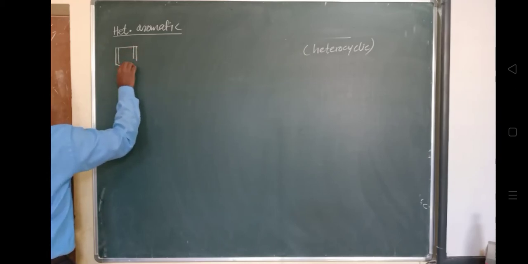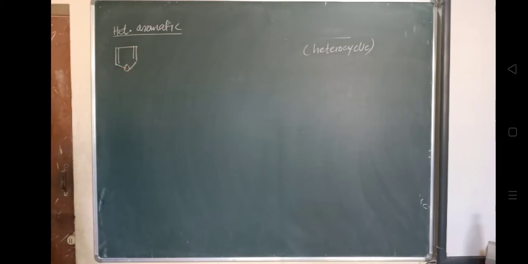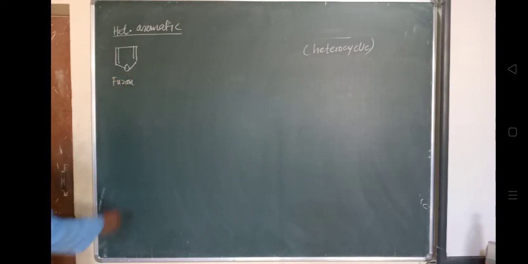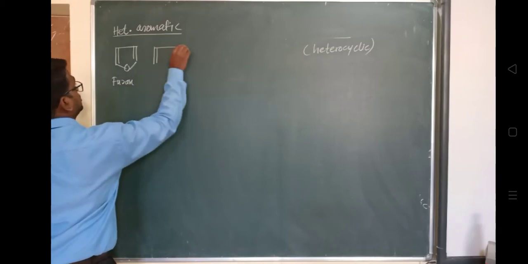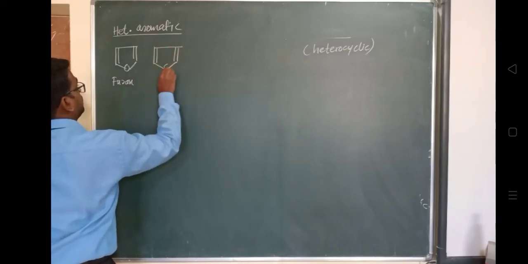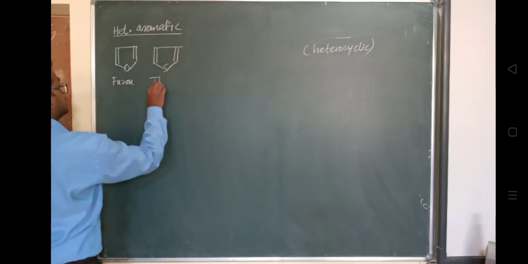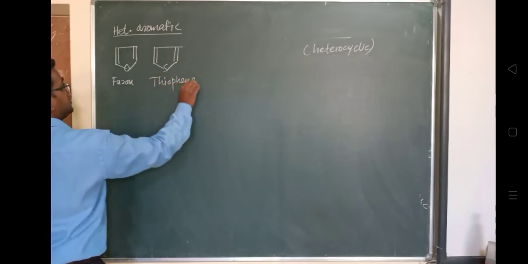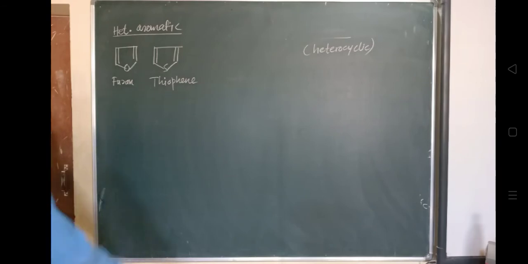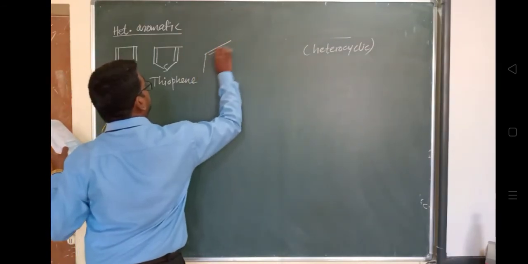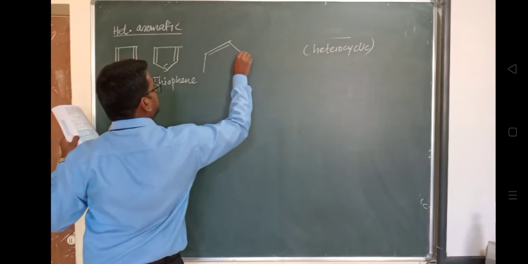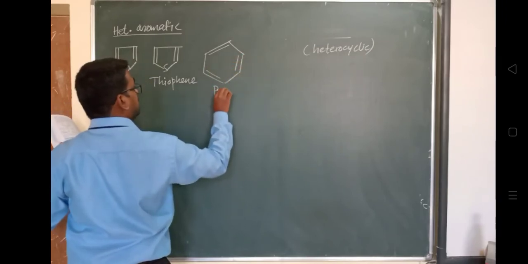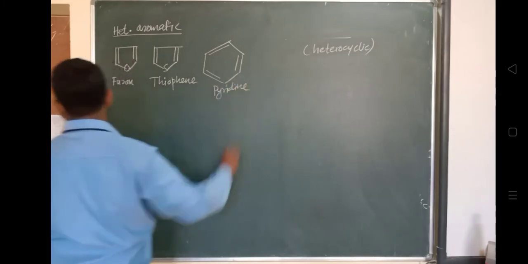Different atoms will be present. The structure is called furan. Here is another structure, where sulfur is present; this is called thiophene. Then pyridine, we have already given its name, and pyrrole.